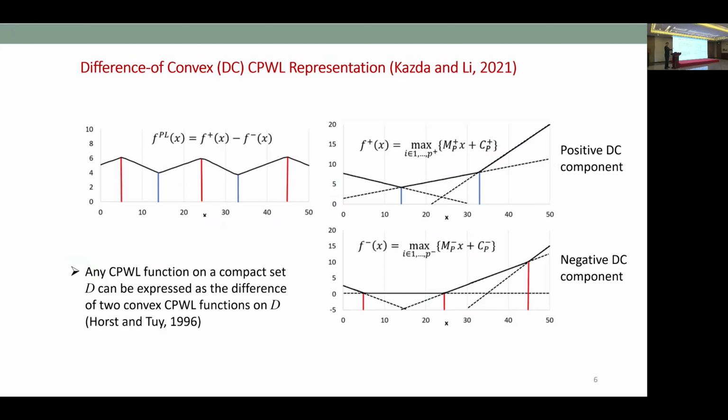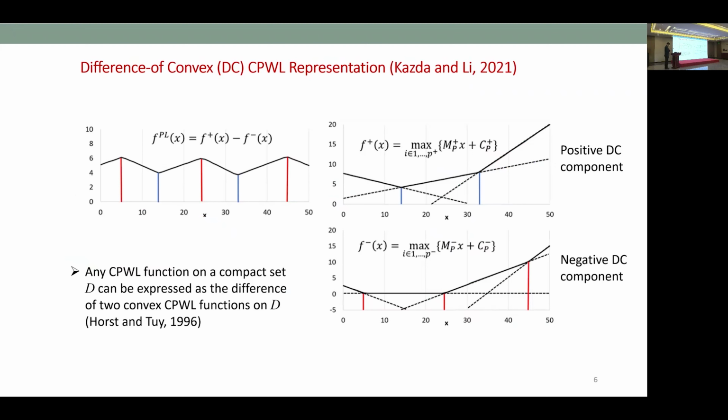There is a theorem in the literature that any piecewise linear function over a compact domain can be represented by the difference of two convex functions. Now, each convex part of the piecewise linear function can be easily represented by the maximum of a set of affine functions.